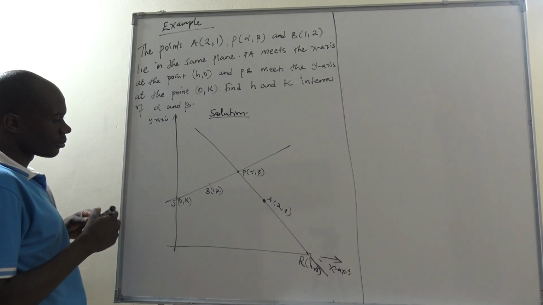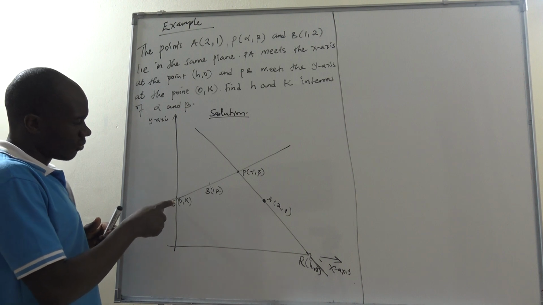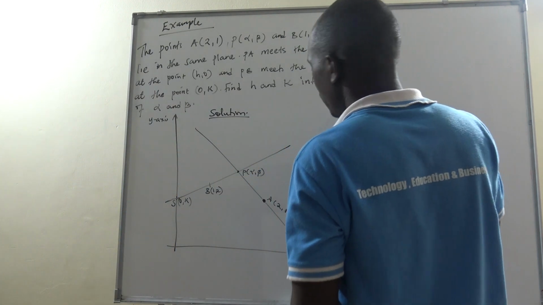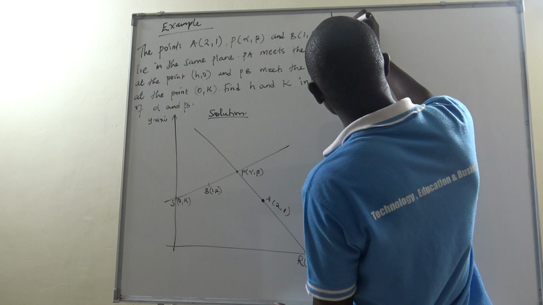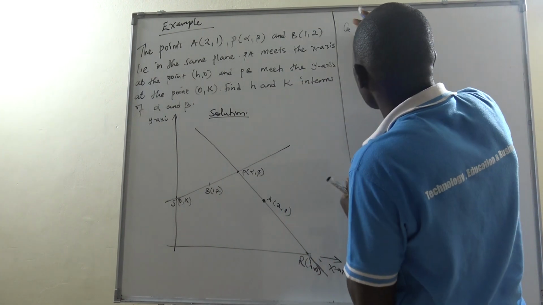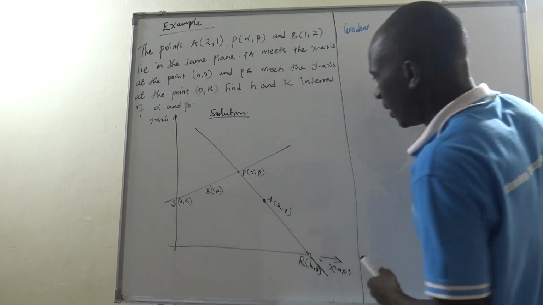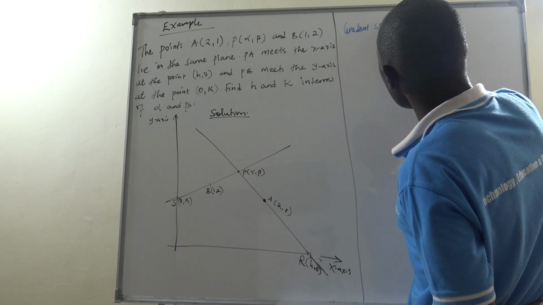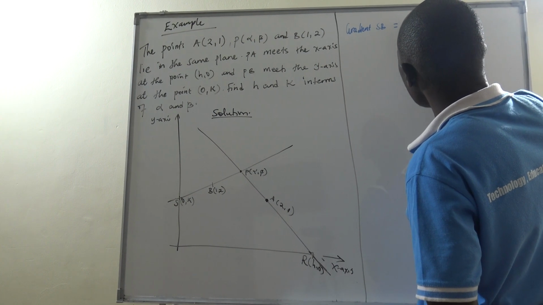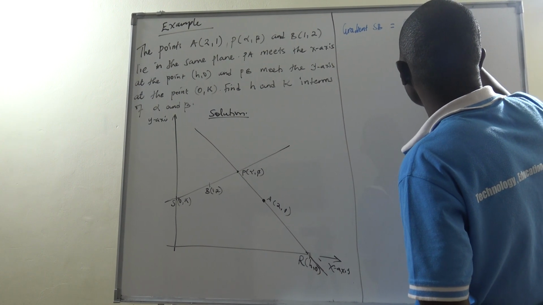Now, since they are on the same straight line, the gradient of SB is the same as the gradient of BP.